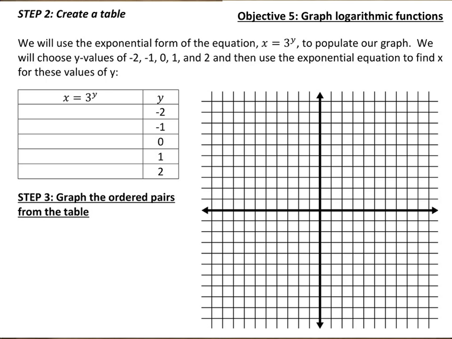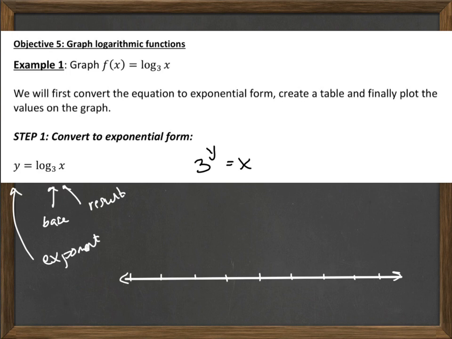So you might be thinking, where did these numbers come from? Well, let's go back to our number line. Usually when we have our logarithmic number line, we have 0, 1, 2, 3, 4, and -1, -2, -3, and then we put our base down here. Our base in this case is 3.